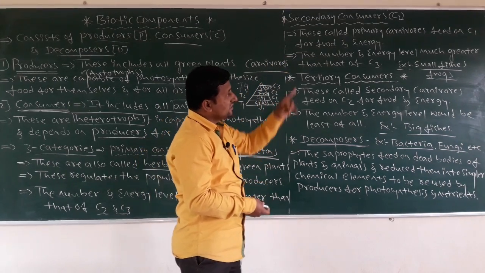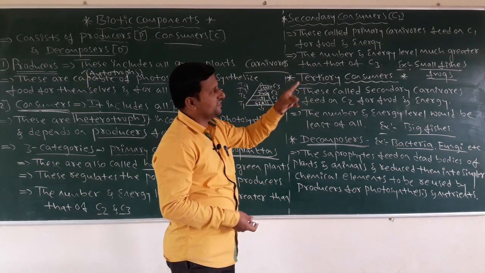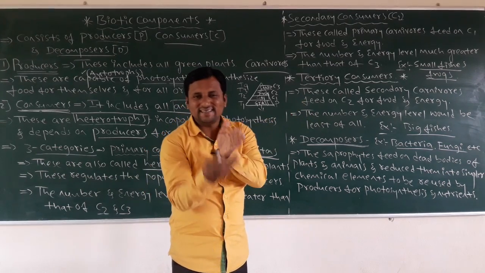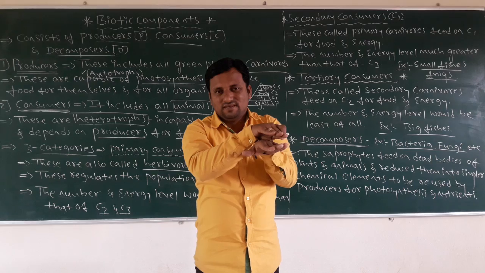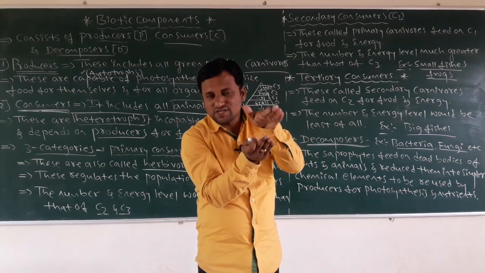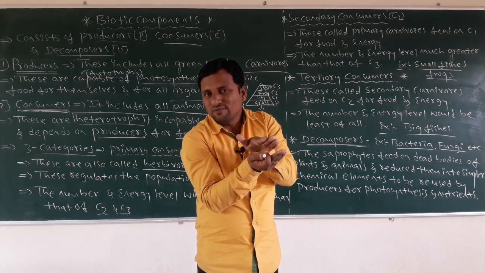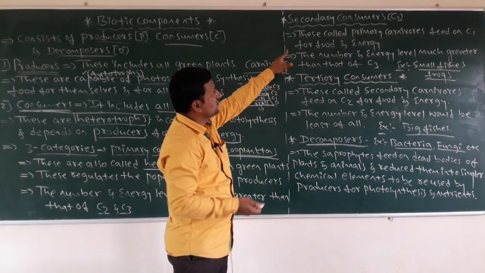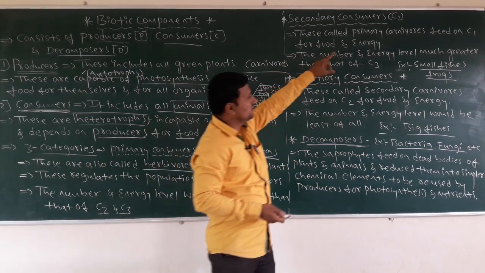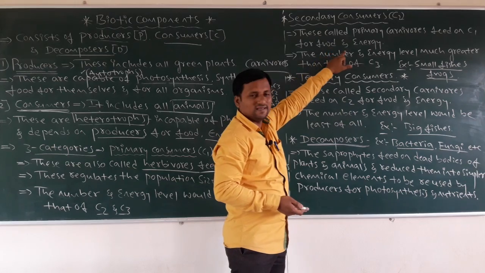Next, these feed on C1 for food and energy. That is dependency, one organism depends upon another organism. The top organism feeds on the bottom level organism, like here also. These primary carnivores feed on C1 for food and energy.